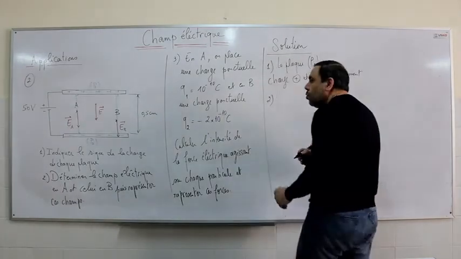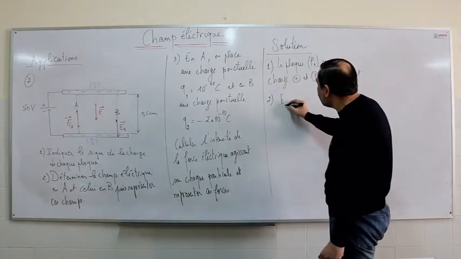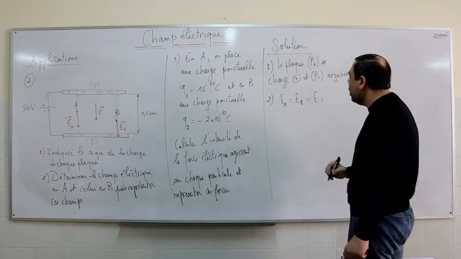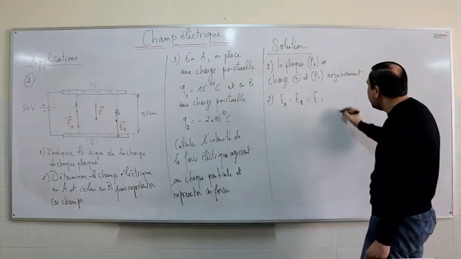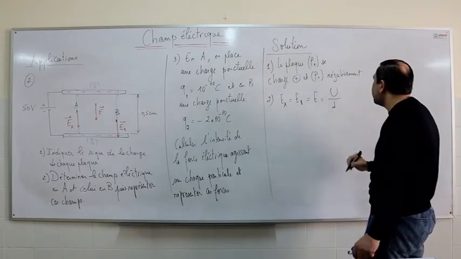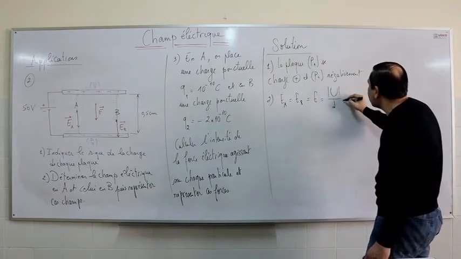What is the magnitude of the electric fields at A? EA is equal to that at B is equal to E, is equal to the voltage between the plates over the distance separating the plates.